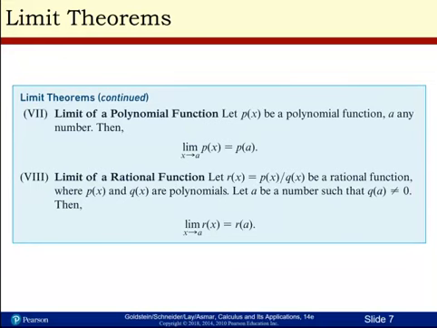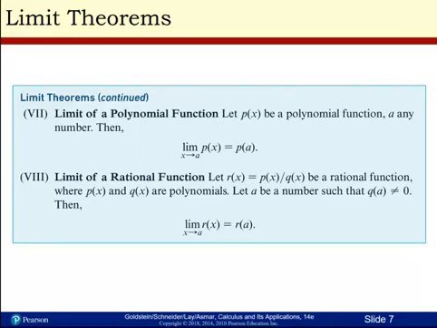We have 2 more limit theorems. Limit theorem number 7, the limit of a polynomial function. If p is a polynomial function and a is any number, then the limit as x goes to a of that polynomial is just p of a, meaning just plug that a in. That makes it nice.